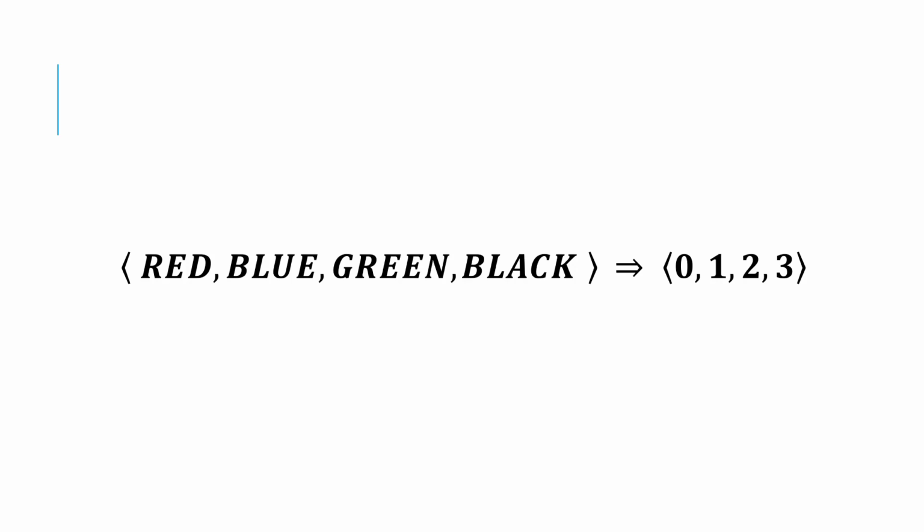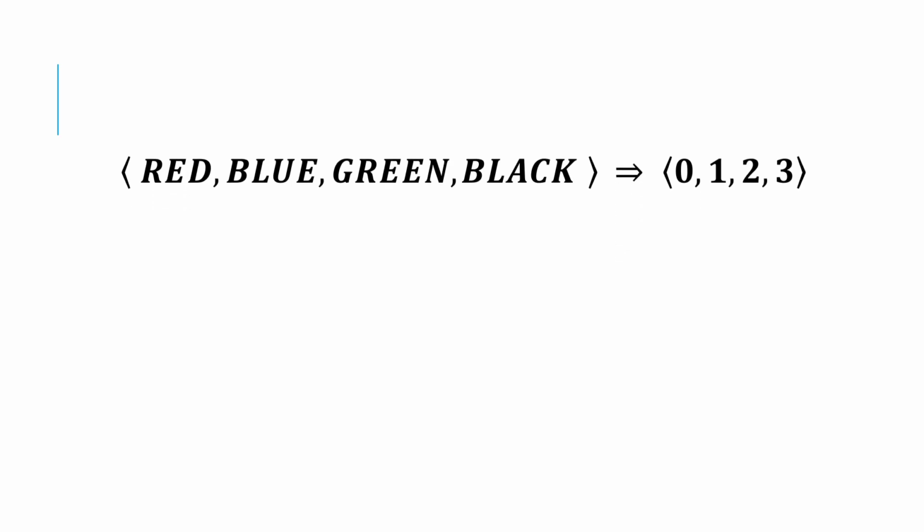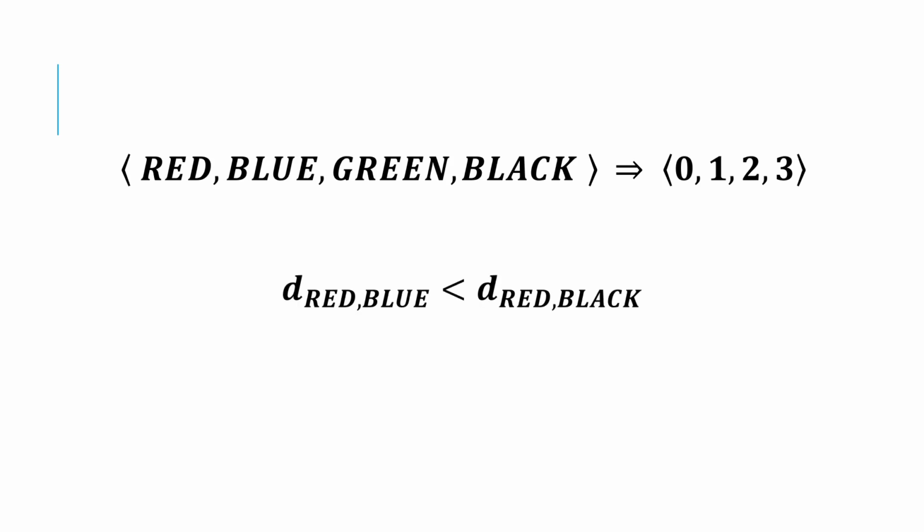You may think this is not entirely bad, but the problem is we are mapping unordered values to an ordered one. When we use these features and measure examples based on their distances to each other, this mapping will tell us that red and blue are more similar than red and black. This is not what we actually want.